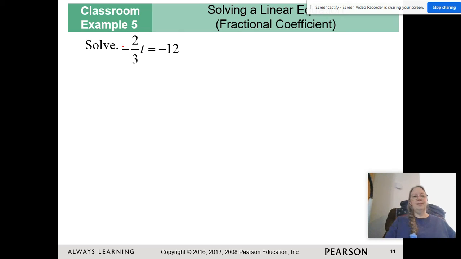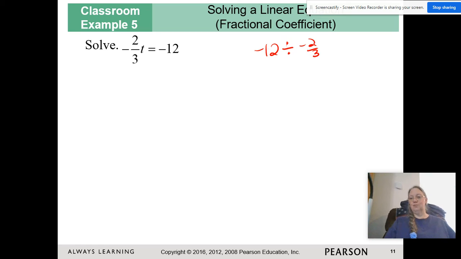Now, this is something that gives students trouble. They automatically think that you're going to divide by a fraction, but if you recall from fractions, which you probably don't because it's been how many years since you've actually had to do a fraction, when you divide fractions, you actually multiply by the reciprocal. So negative 12 divided by negative 2/3.